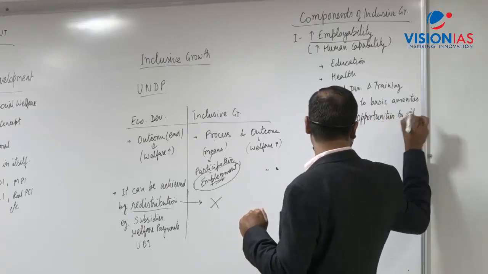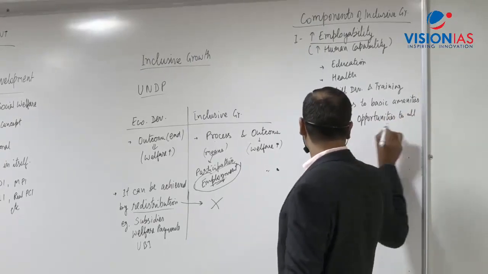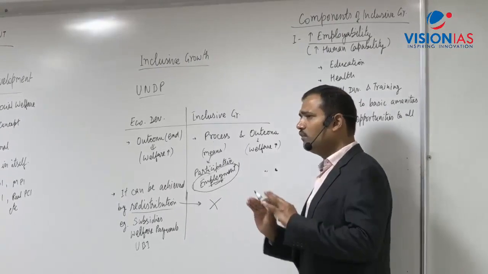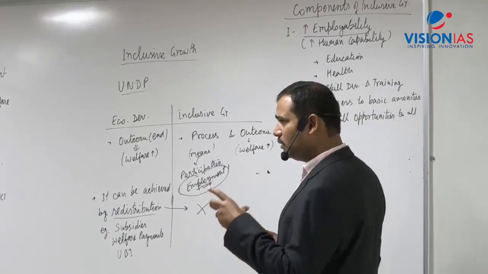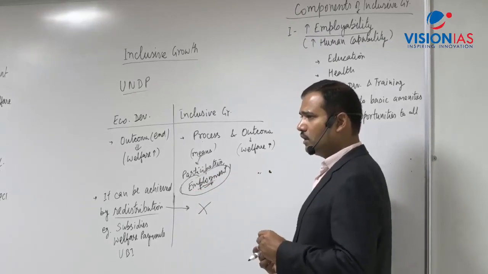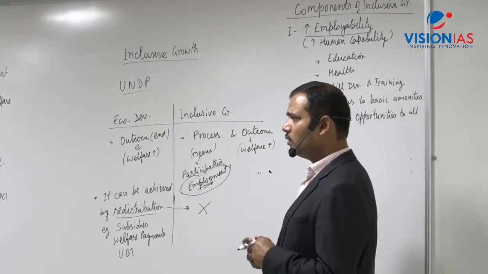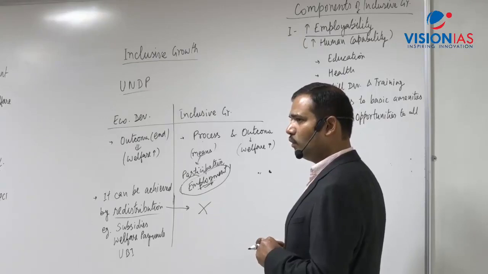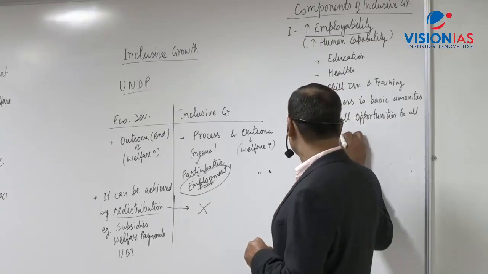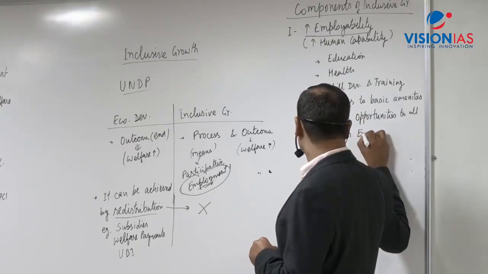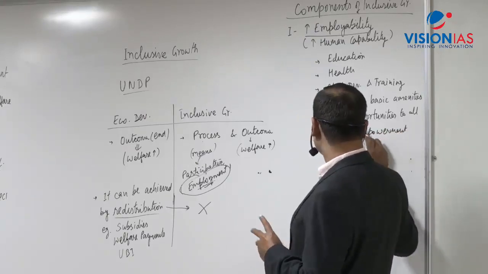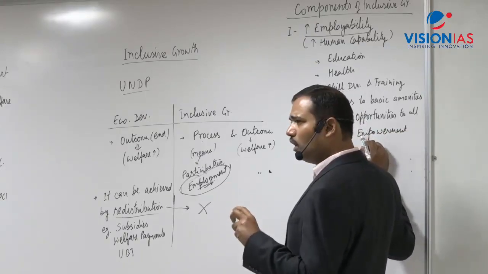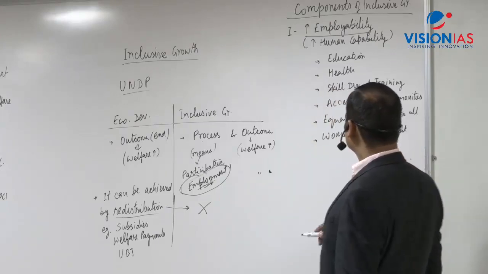Well, the government should ensure that everybody should have equal opportunity. Especially vulnerable sections have to be taken care of. Women empowerment may be included here or not? Yes or no? Yes, women empowerment. Is it a part of equal opportunities to all? Yes. So these are important components.